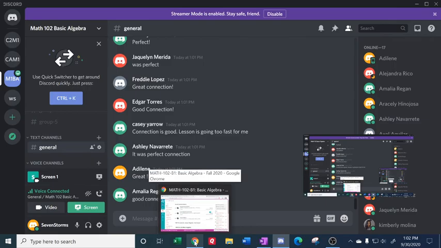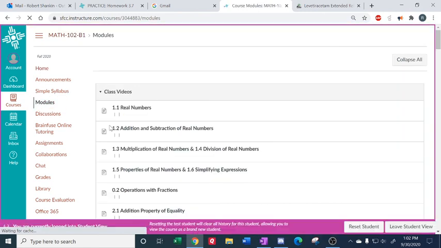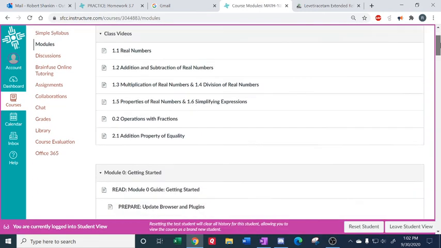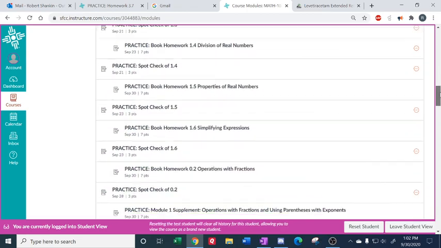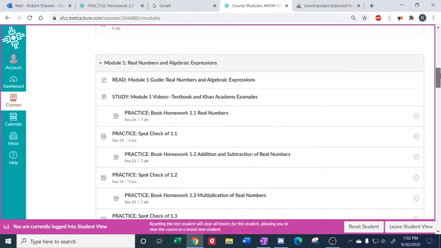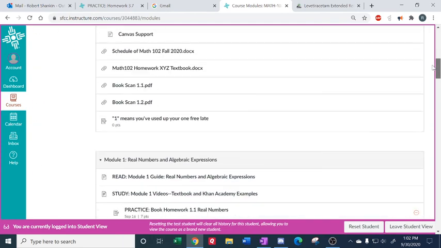All right, so the exam. When you go into Canvas, your screen will look like this. Hit modules. Module 0 has class videos and getting started.